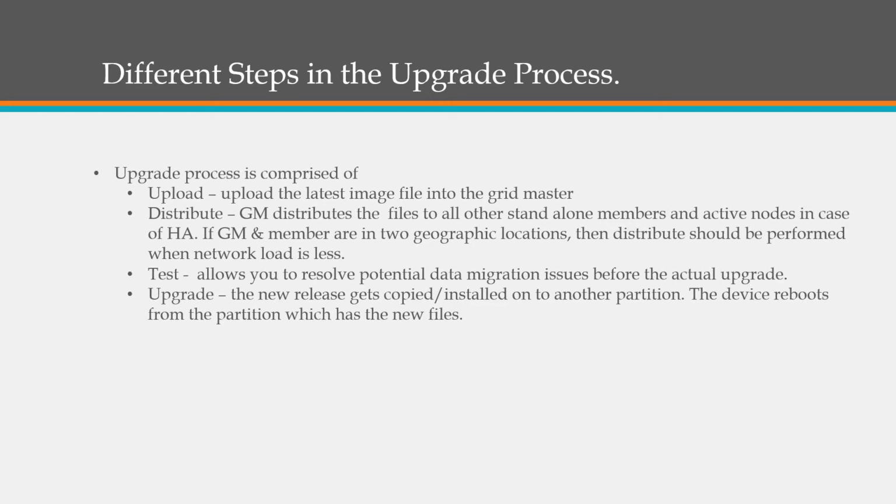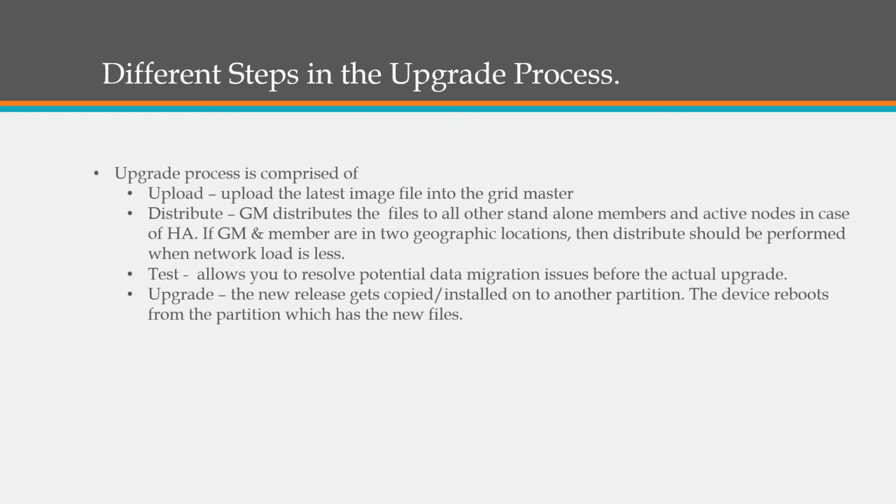What it does is the grid master, which actually has the latest image files, will unpack the contents of the file and distribute it to all the standalone members. And if you have some HA members, it will distribute the files only to the active node of the HA.